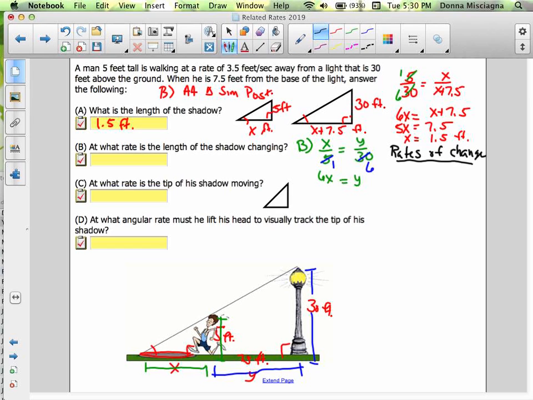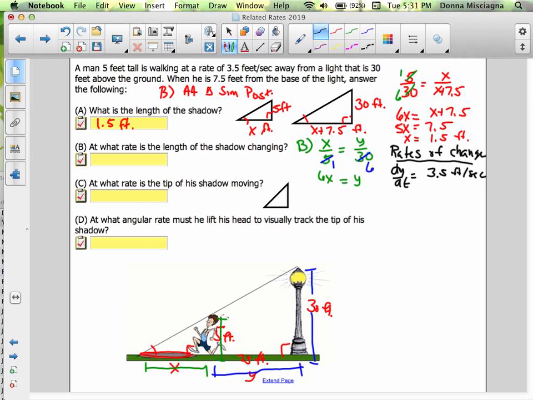So this y here is changing at a rate of 3.5 feet. It would be positive because he's walking away. If he's walking towards the light, then it would be negative because the distance would be decreasing. So dy dt is 3.5 feet per second.